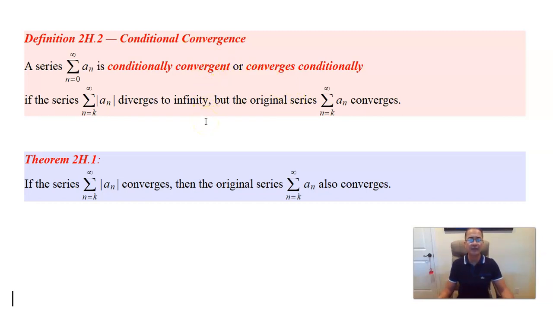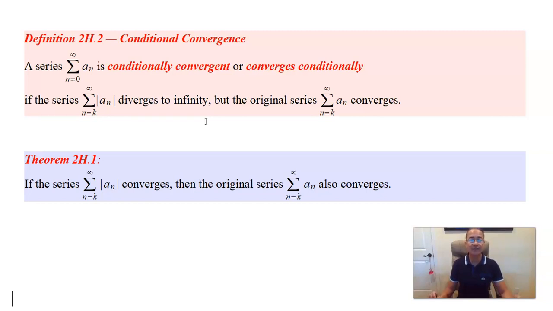And we saw in the last video that there is a stark difference between these two kinds of series, because if you rearrange the terms of an absolutely convergent series, you always get a convergent series, and it must converge to the same exact sum as the original absolutely convergent series.